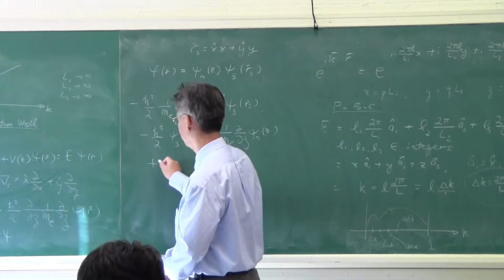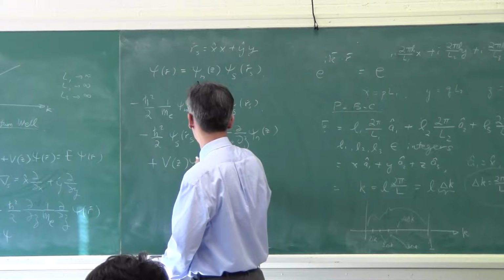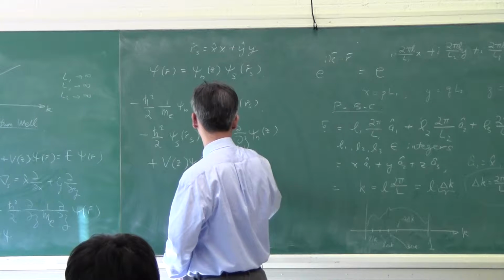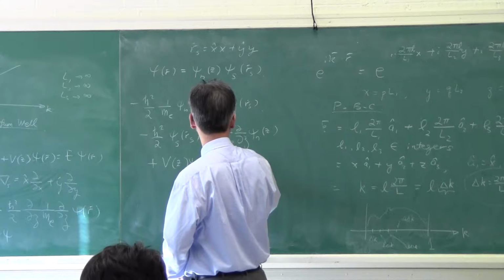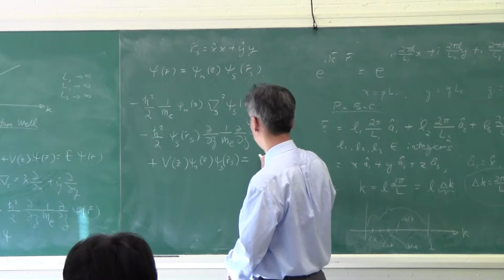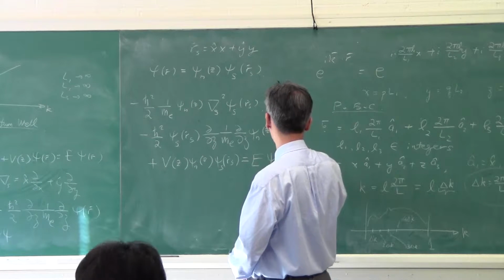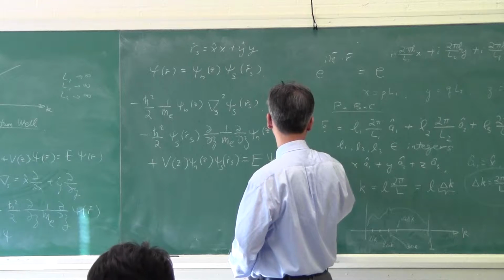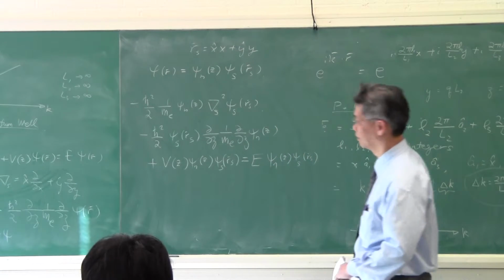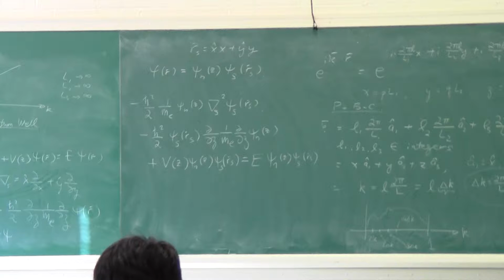And then you will have Vz phi nz phi s of r s plus E phi nz phi s of r s. So this is by the separation of variables.